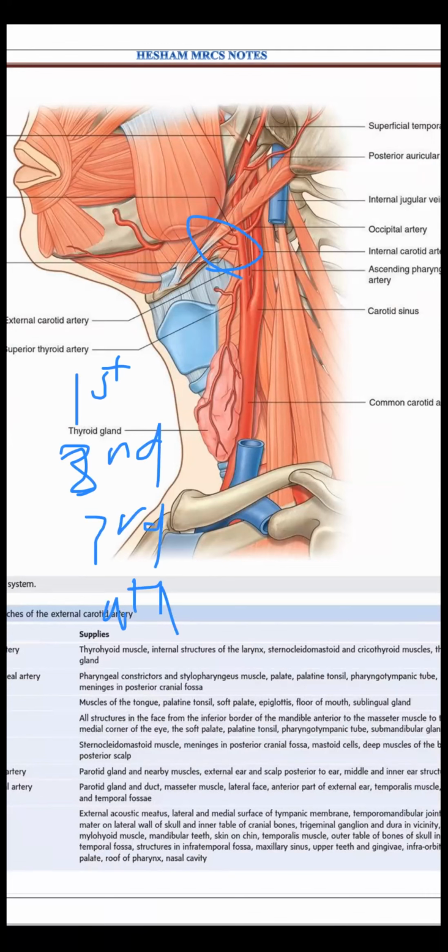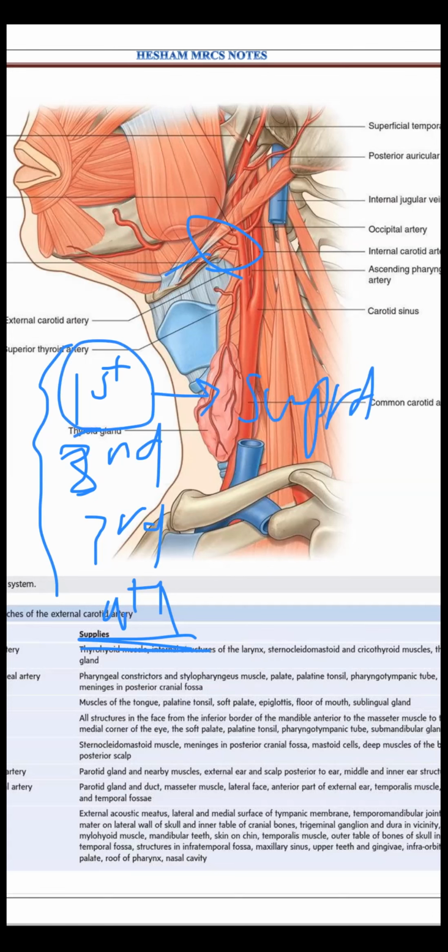And the muscle which is related to it, this is the lateral pterygoid. From its first part of the lingual, you have what's called suprahyoid artery. This is above the hyoid, as you see here. Then from its second part, you have 2 dorsal lingual arteries.